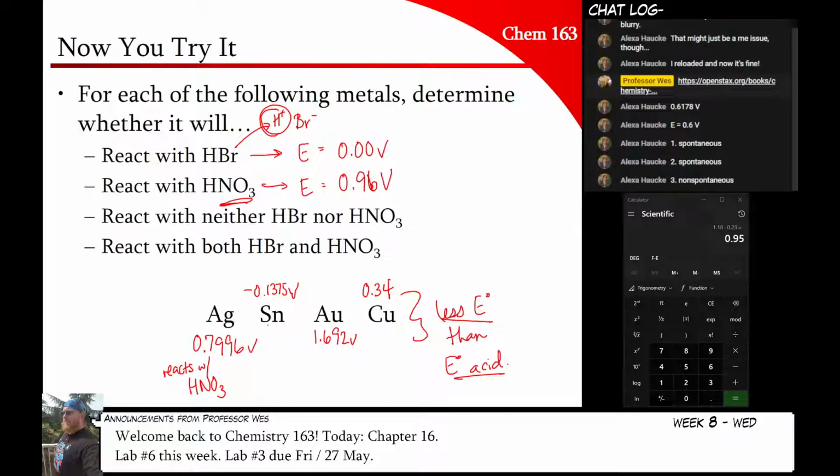Tin here is below both of these, so it reacts with both. Tin will be oxidized by both of these. Gold, on the other hand, is above both of these, so this does not react with either. And then 0.34 is between them, so this reacts with just nitric acid.